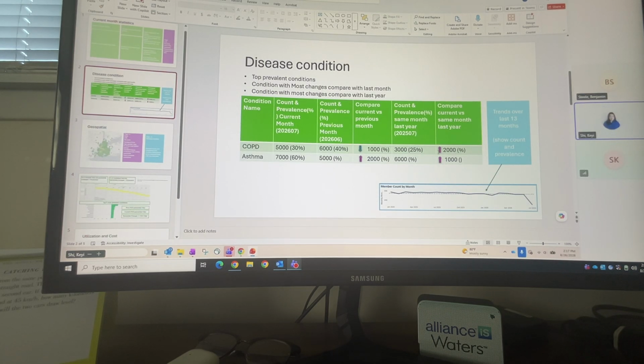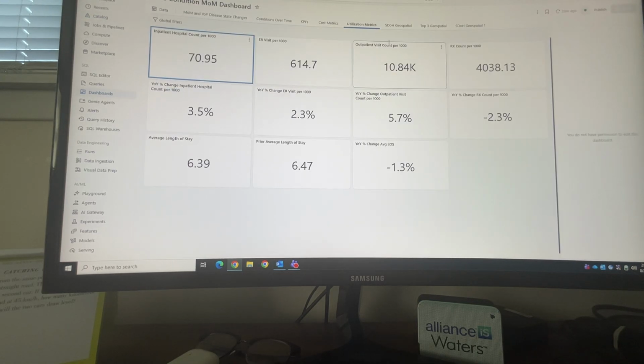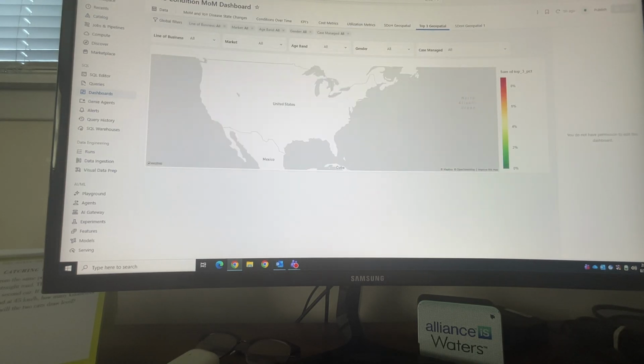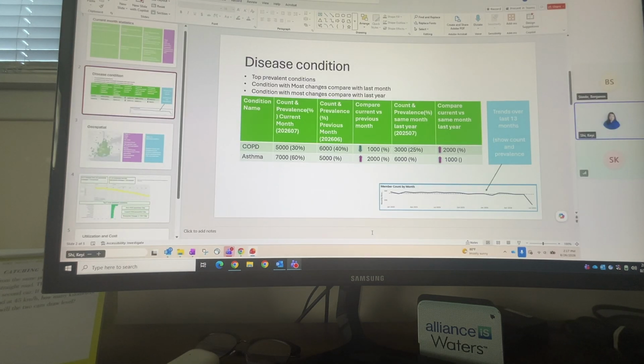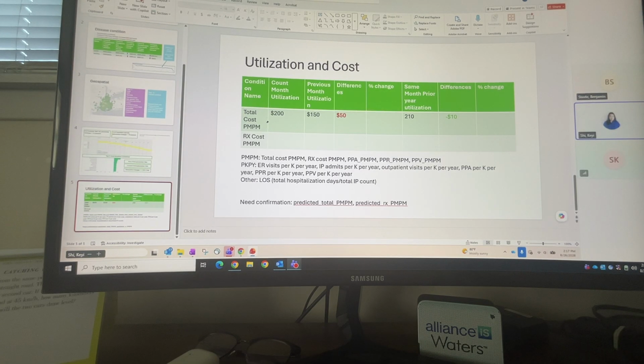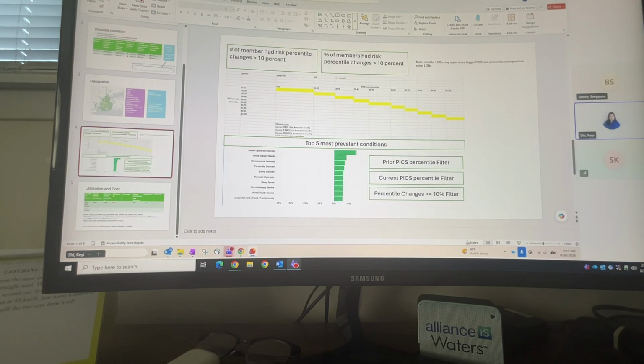I know Ben already has the dashboard with the prevalence, the conditions that have the most prevalence changes, and if the cost is increasing or decreasing. And here they would pinpoint which kind of people, which percentage changes, and what is driving it, like the most prevalent conditions.